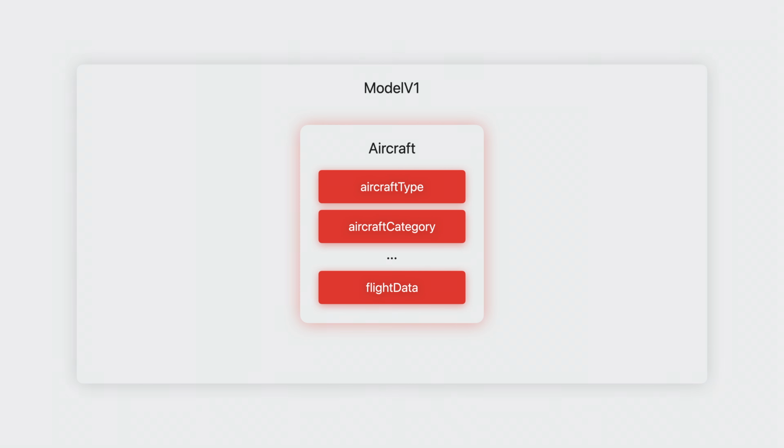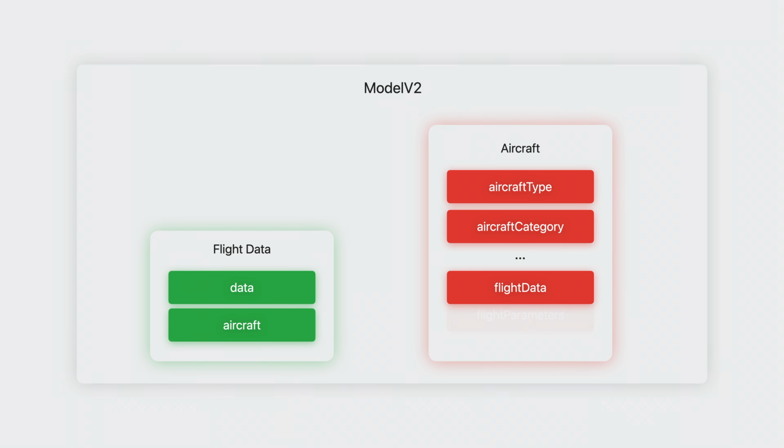Returning to the example, I've labeled the original model Model V1. This model migration will be decomposed by introducing two new model versions, Model V2 and Model V3. In Model V2, the aircraft entity gains a relationship called flight parameters, which is a collection of newly created flight data entities.